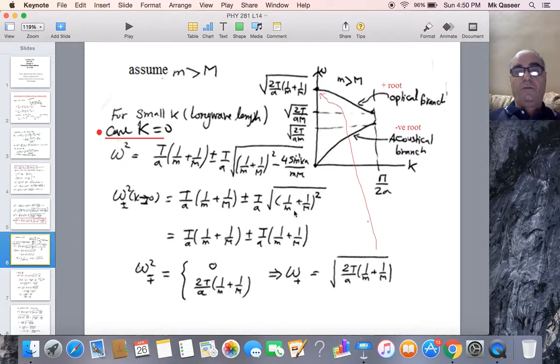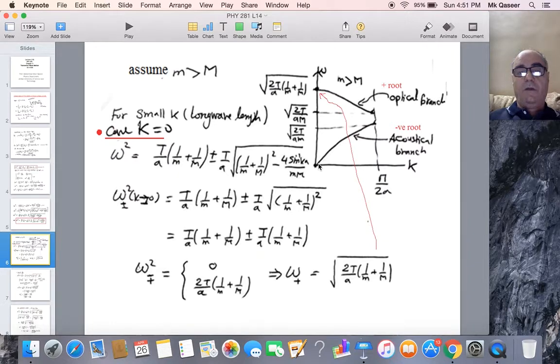The first root, which has the minus sign, is represented in this figure of omega versus k. It's called the acoustic branch because the frequencies occur in this spectrum. The second root, with the plus sign, is called the optical branch. So omega square with the plus sign is the upper branch, and with the minus sign is the lower branch.